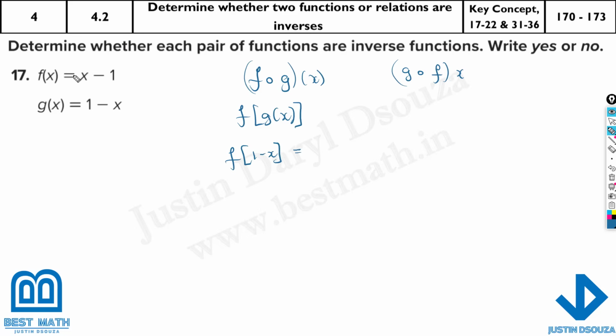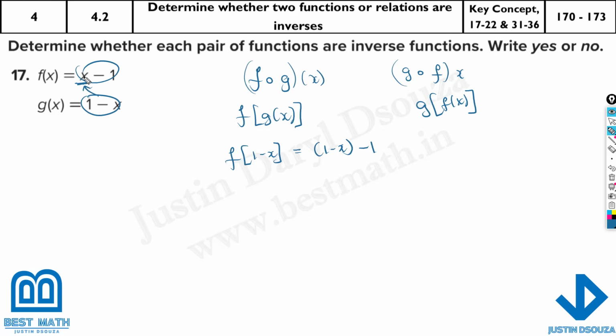What is function f of x? It's x minus 1, but instead of x we have 1 minus x, and then already there is minus 1. It's just that this x is replaced by this term. Simple as that. Whereas for the composition g of f of x, this is the other way around.